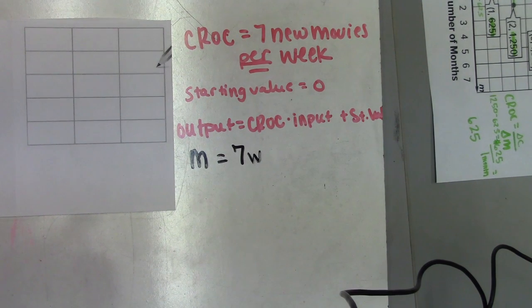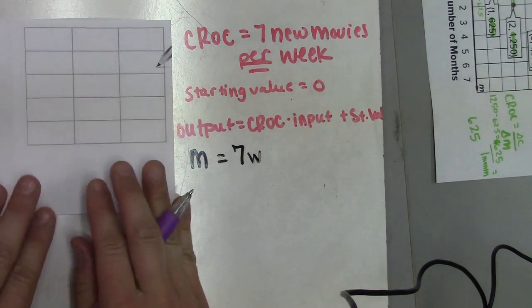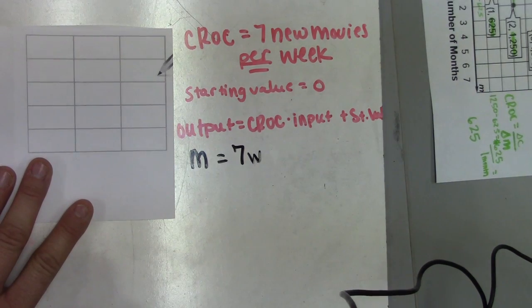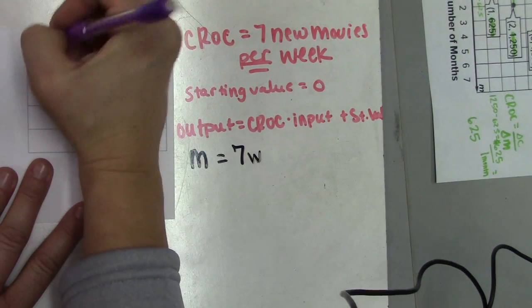Part B, it says make a table to find the number of new movies received in 4, 5, 6, or 7 weeks. So I have my table here, just like you do in your book. And first thing I need to do is put titles in the columns of my table.